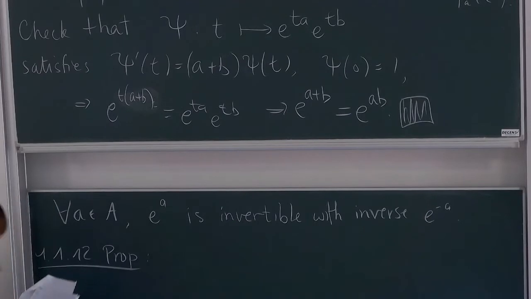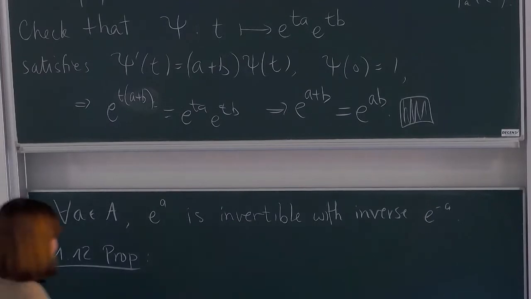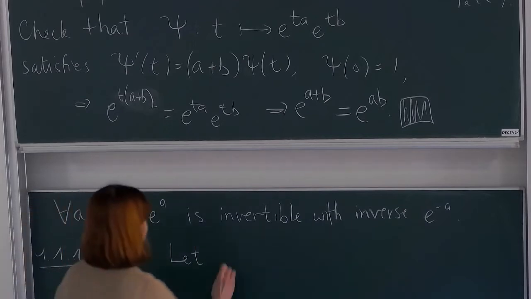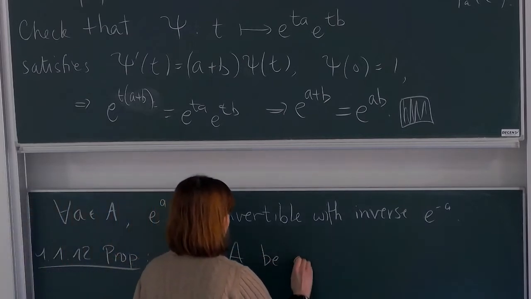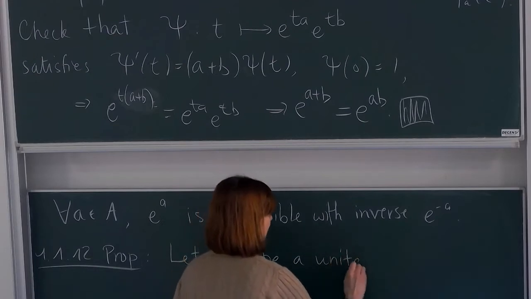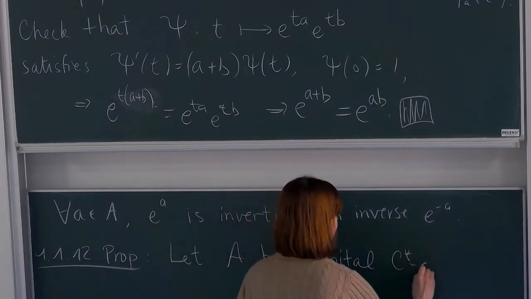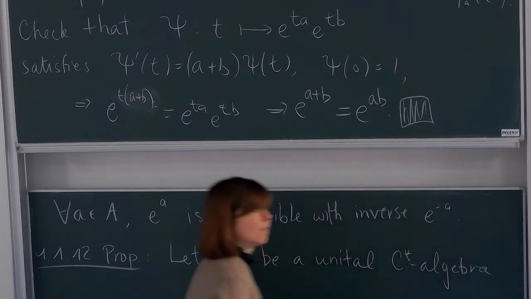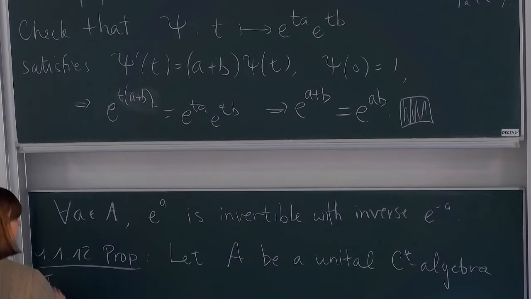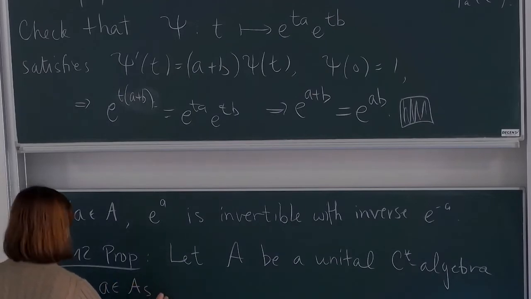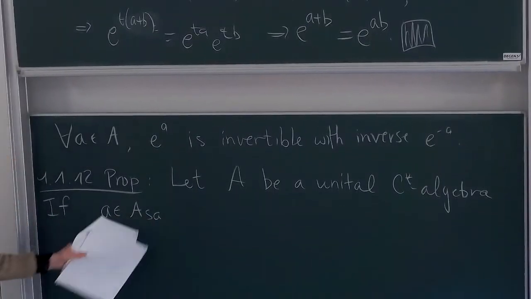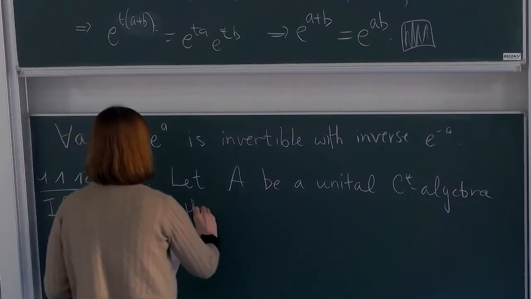Another proposition. And this is about the spectrum now of a self-adjoint element. If A is self-adjoint, so remember this is our notation for the set of self-adjoint elements, then the spectrum is real.